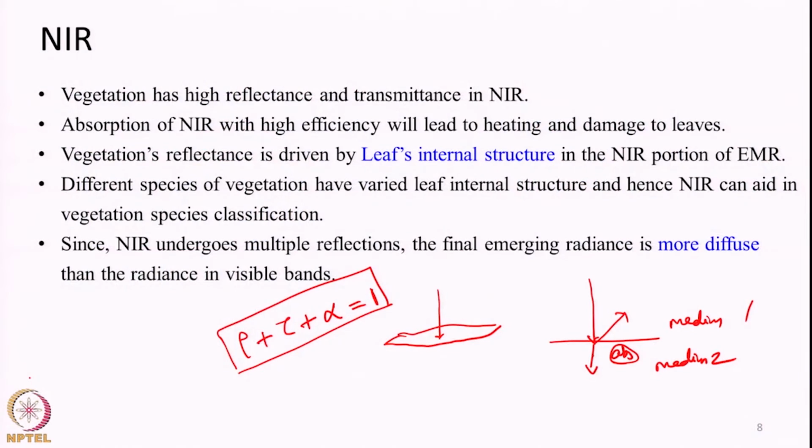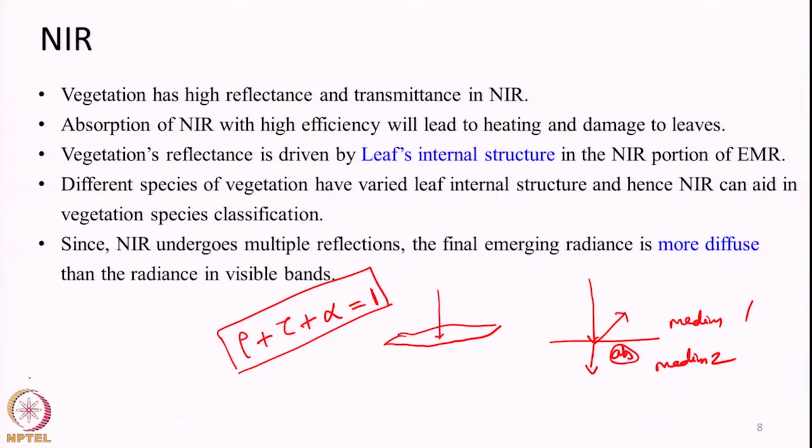As I told you, it is the leaf's internal structure, that is the orientation of different types of cells and the air gaps, that will control the reflectance of the leaf in the NIR portion. And I also said that leaves typically have very high transmittance and reflectance in the NIR part.